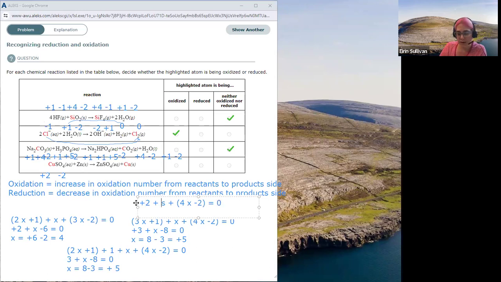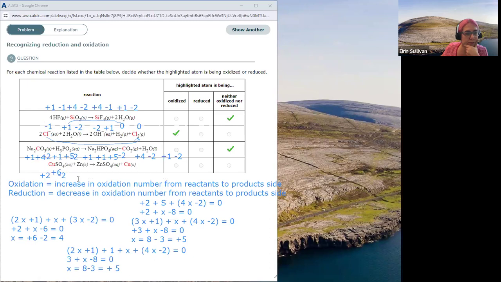So +2 -8 plus X equals 0. Therefore 8 minus 2 is X. X is +6, just as I suspected.